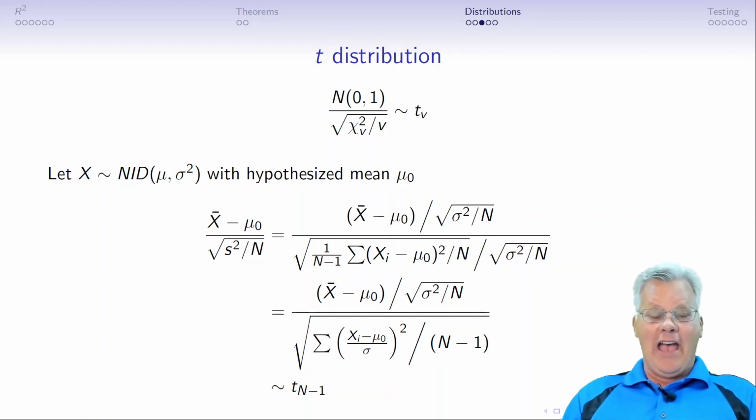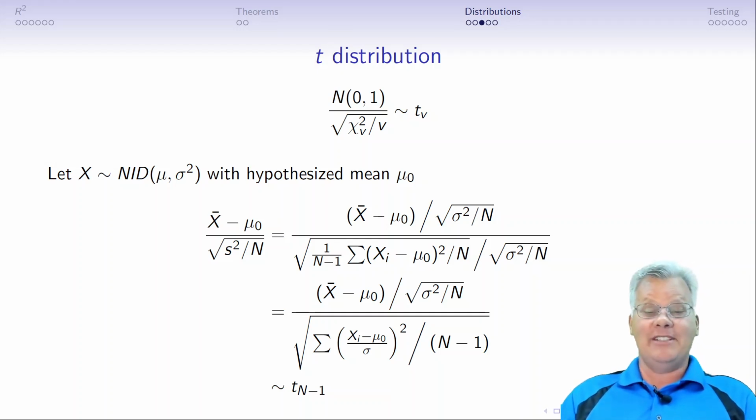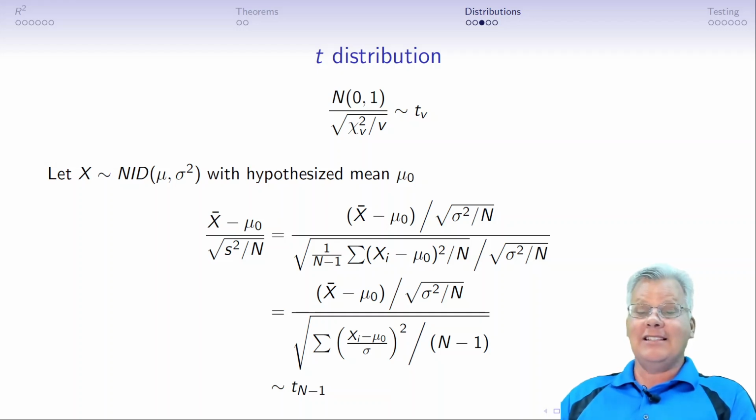So I have a standard normal random variable in the large round brackets squared, added up n times, and divided by its degrees of freedom, n minus 1.